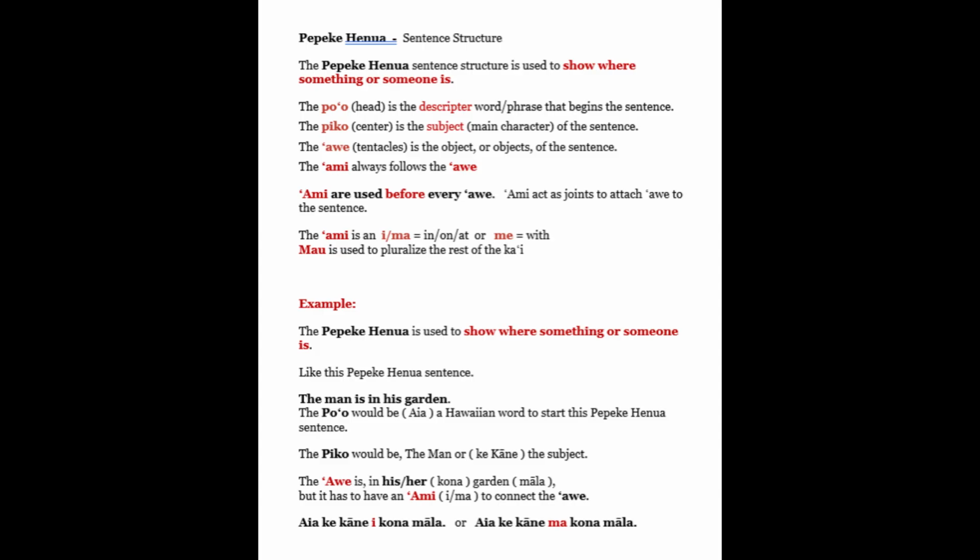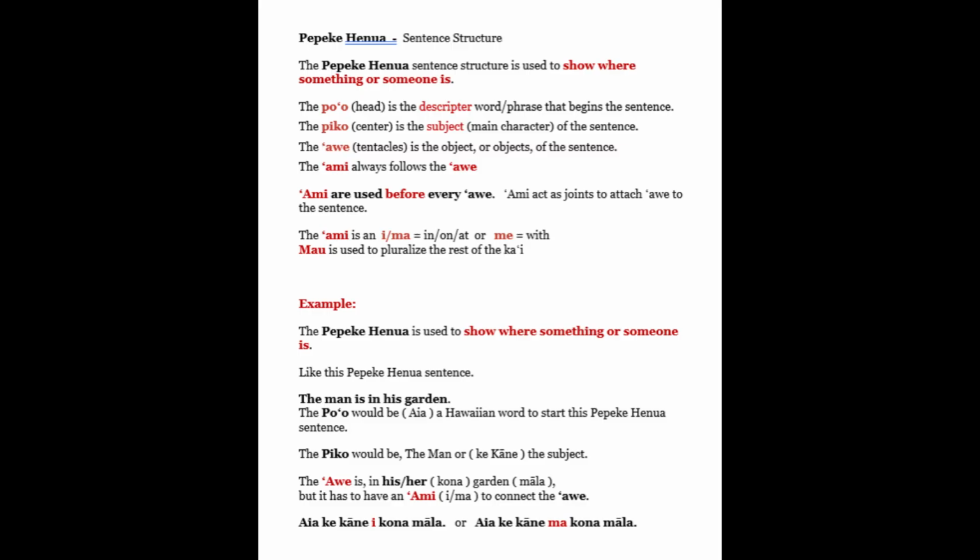So now we're getting into more of a refined type of sentence structure. This is known as the Pepeke Henua. The Pepeke Henua is a sentence structure that is used to show where something or someone is. So remember that, the Pepeke Henua.